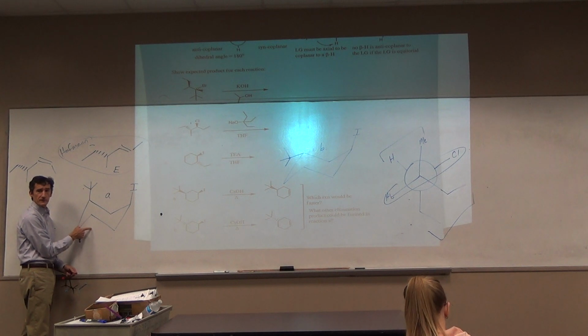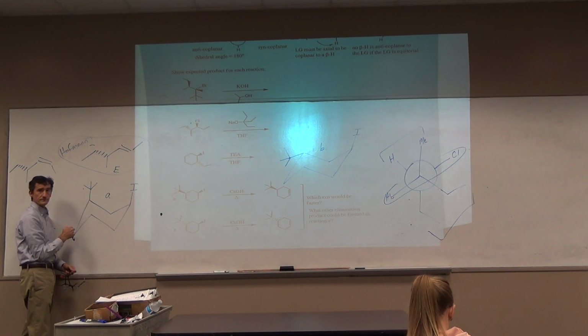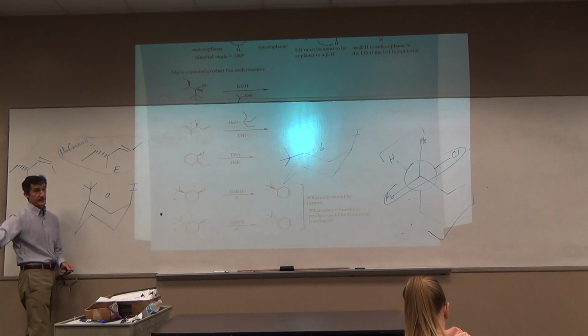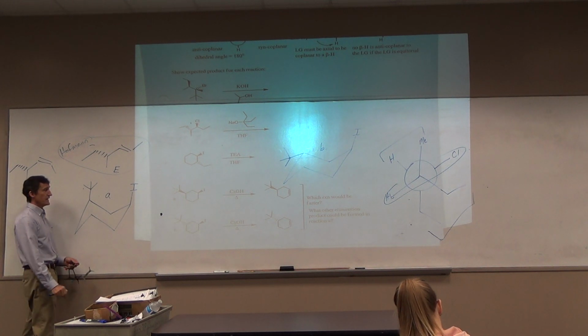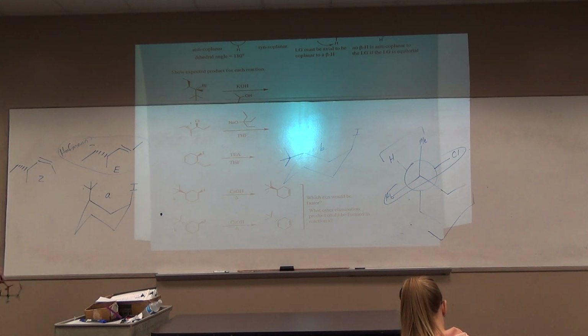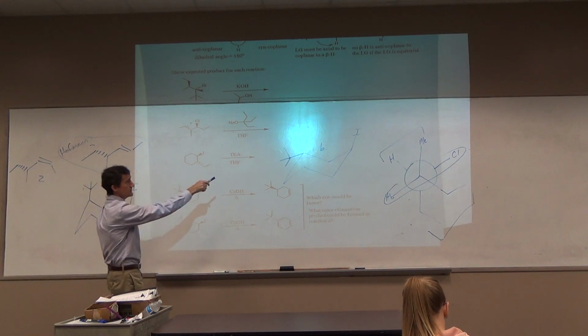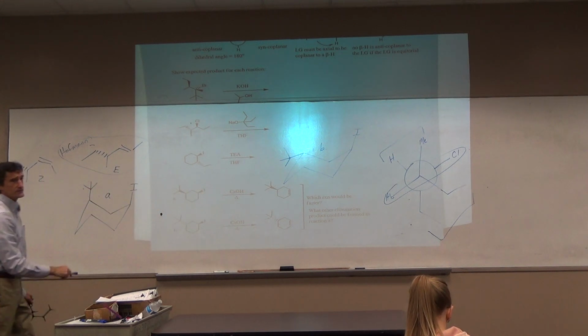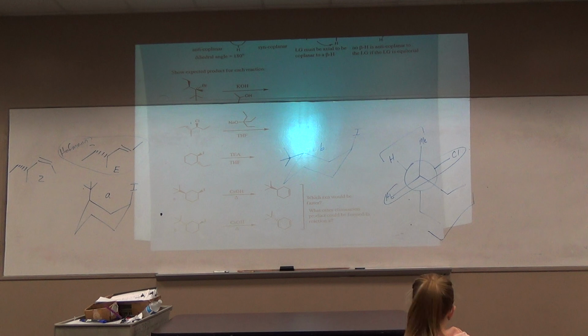This is going to want to do a ring flip and put both of these equatorial. But guess what? When this does a ring flip and exists like that, it can't eliminate. B is more likely going to have the iodine axial. B is more often ready to go. B is going to eliminate faster.